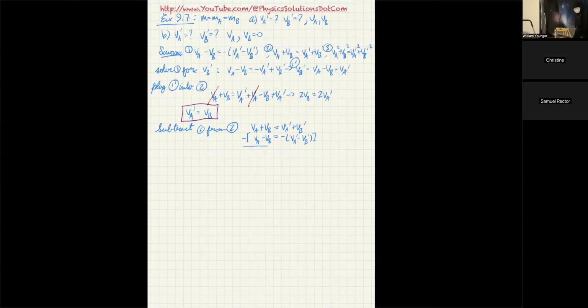So when I distribute that negative, the left-hand side is VA plus VB minus VA, and then minus minus would be plus VB. And the right-hand side is going to become VA prime plus VB prime. And then I've got minus a minus because the minus was already in front, and then I'm doing a minus for subtraction. So that's just going to make plus VA prime minus VB prime.